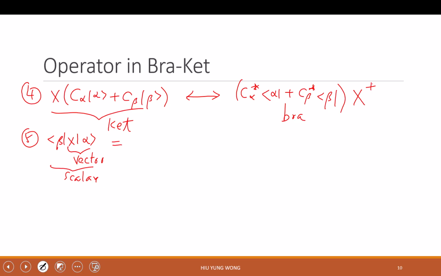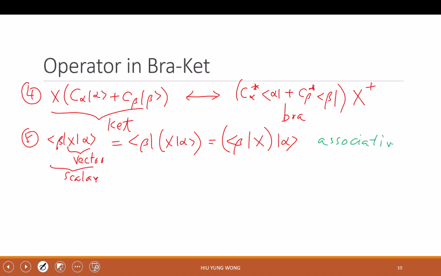I first apply x on alpha, that's what we just did, right? I can also first apply this to beta and then take the inner product with alpha. The linear algebra allows this. This is just the associative rule. You use it based on your convenience and also use it to prove many equations.